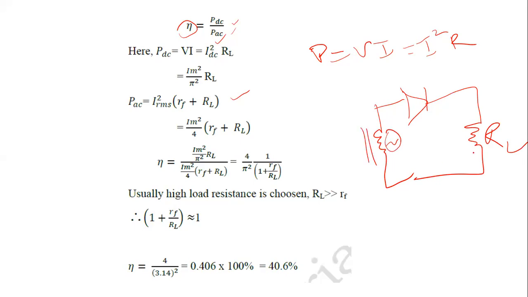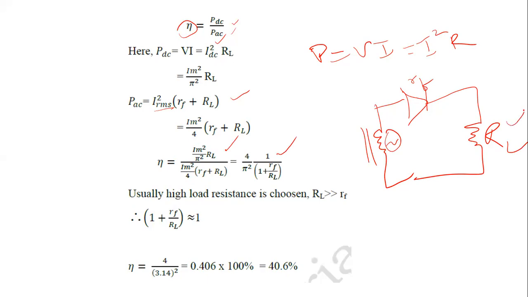So the AC power is the root mean square current squared into (R_F plus R_L), where R_F is the forward resistance. Then you take the ratio, and after simplification, cancelling I_m square and all, this is what you will get.